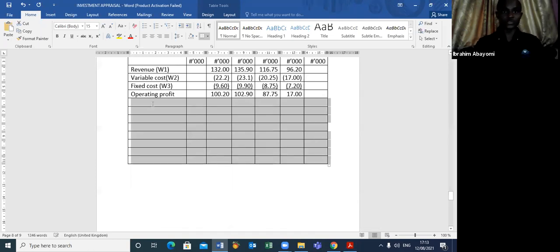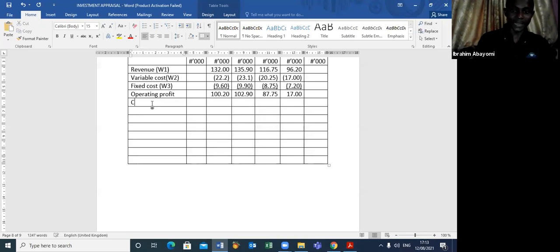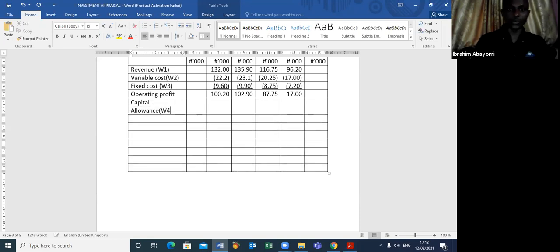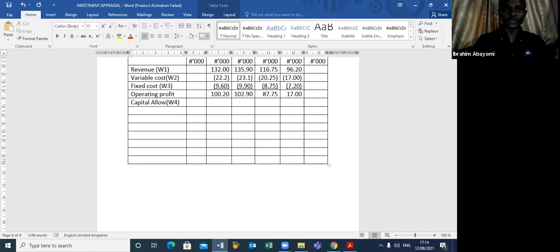Okay, this should be sufficient now. So capital allowance, we have to deduct our capital allowance. That's work note 4. Capital allowance, work note 4.